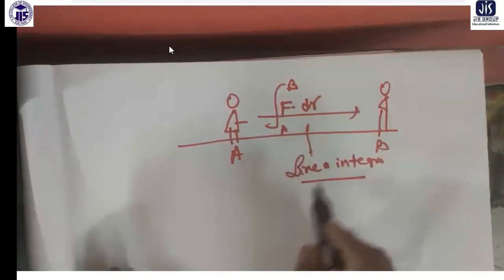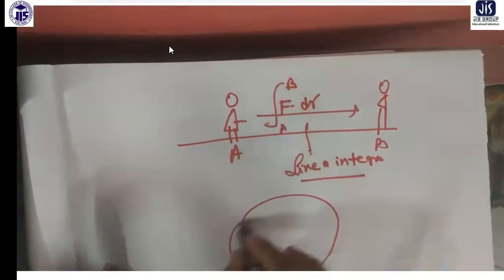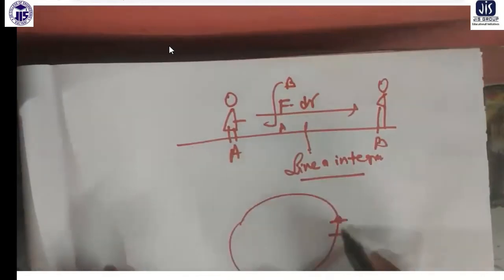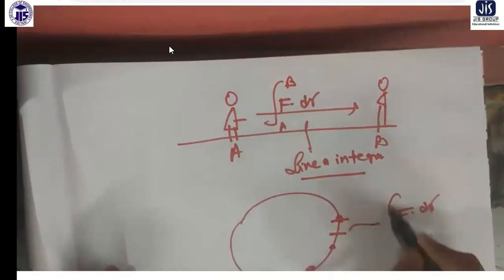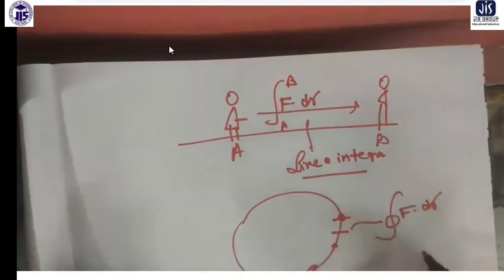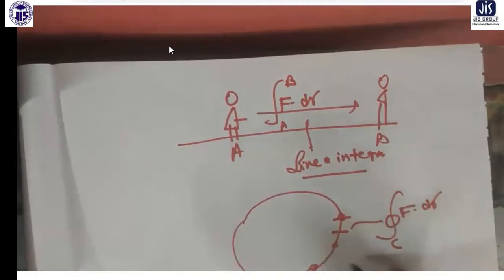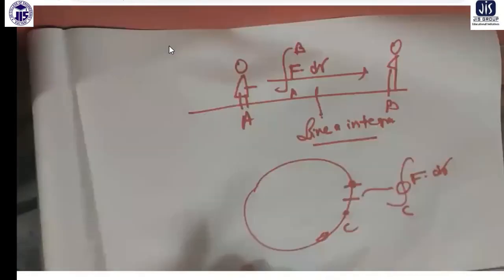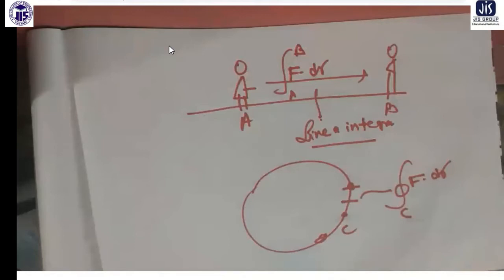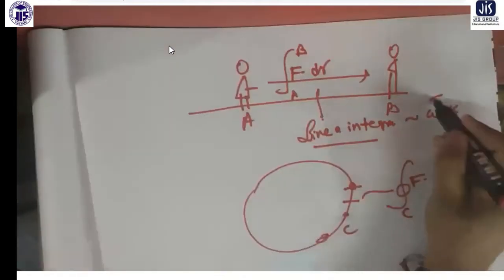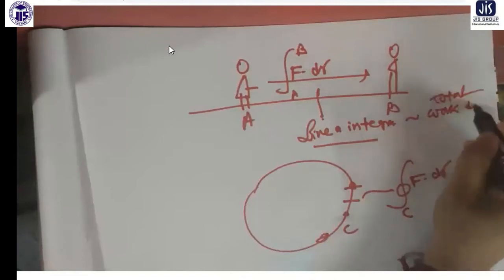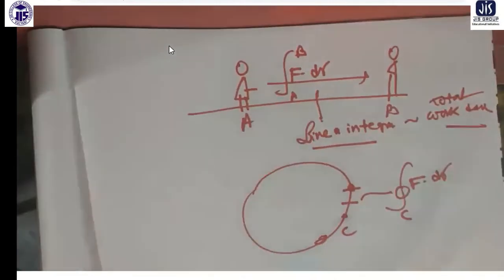And if somebody moves in a circular path, from here to here to here to here, the amount of work done is also a line integral. It is moving in a loop, you may consider it is moving over the closed loop C. This is also a line integral. So line integral basically gives you the total work done. Integration over a line, integration over a path.